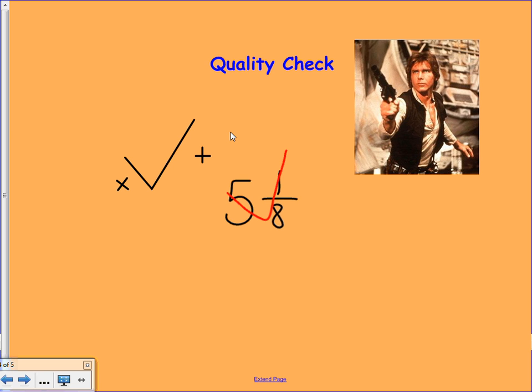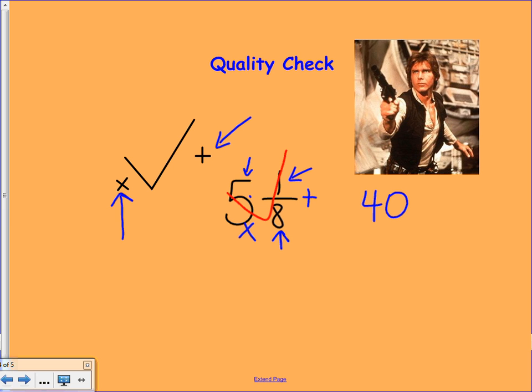Now, looking at our check mark, what's the first operation that we have to do? Good. Multiplication. So we're going to multiply 5 times 8. Class, what is 5 times 8? Good, it's 40. But are we done? No, we're not. We have another operation. What do we have to do? We have to add. So 5 times 8 plus 1.